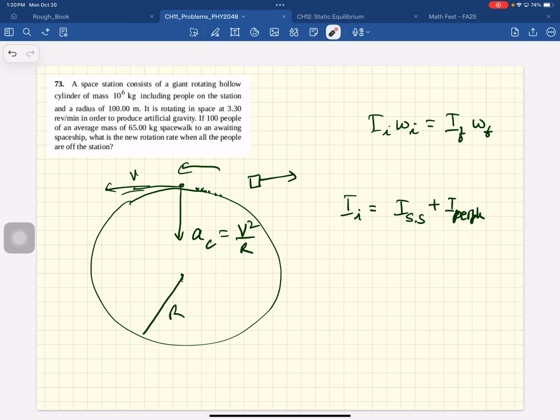The space station consists of a giant hollow cylinder of mass 1,000,000 kg, including people on the station, and a radius of 100 meters. So this entire mass is 1,000,000 kg.